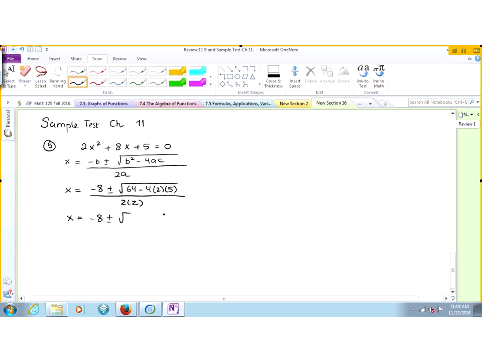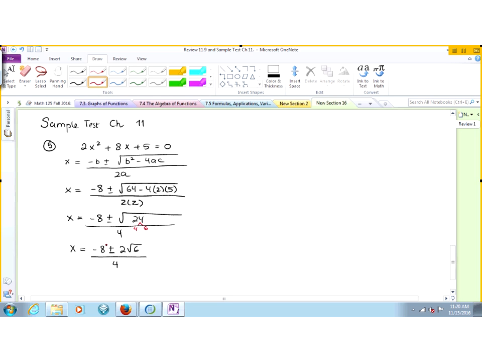So negative 8 plus or minus square root of 64 minus 40, which is 24. Can we simplify square root of 24? Yes, it is 4 times 6. So x is negative 8 plus or minus 2 square root of 6, divided by 4.